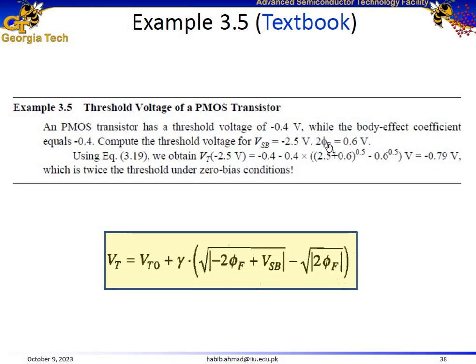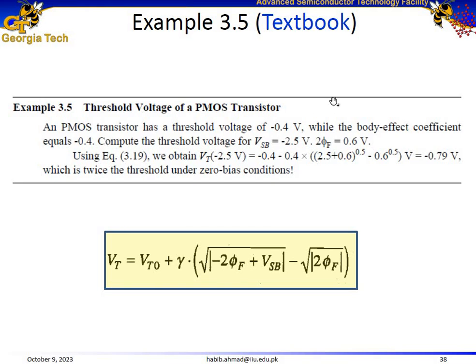So all the values are given. Just put in all the values in this equation, and at minus 2.5 volts substrate bias, the threshold voltage increases from minus 0.4 volts at 0 substrate bias to minus 0.8 volts at non-zero substrate bias.